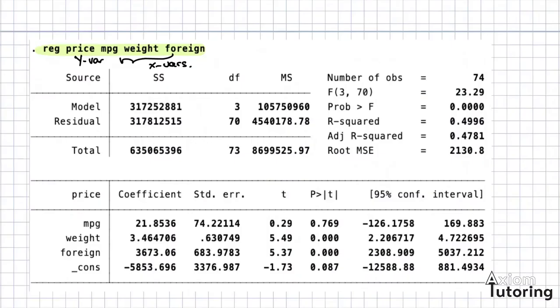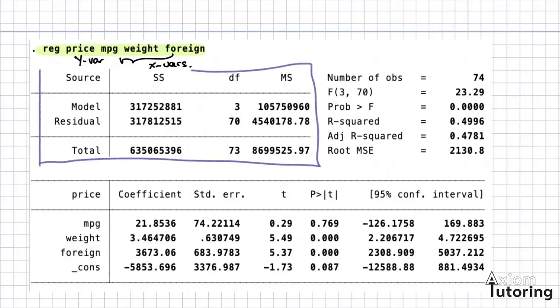Let's move on to the next block of information. You will see this entire block here where we've got source, and you've got SS, DF, MS, and model, residual, total. So on top of numbers, we can see that we also have some words in there. SS is short for sum of squares.